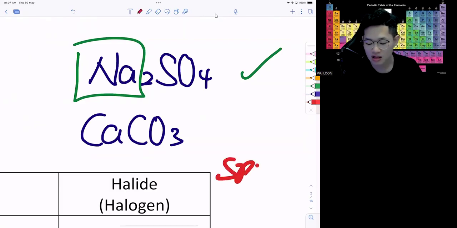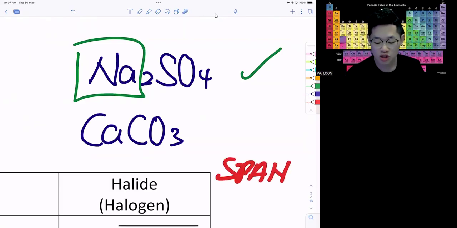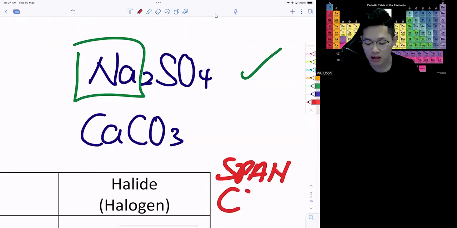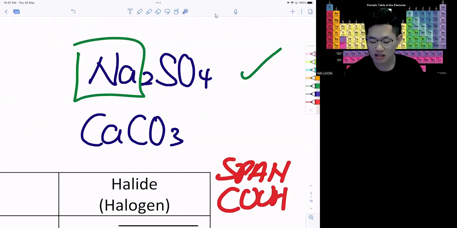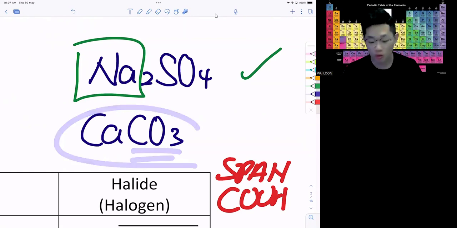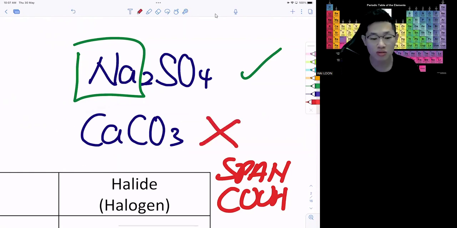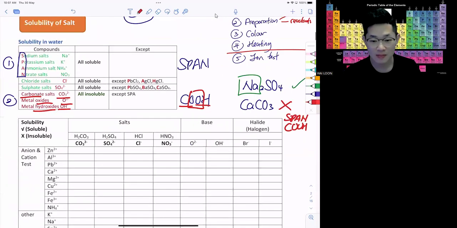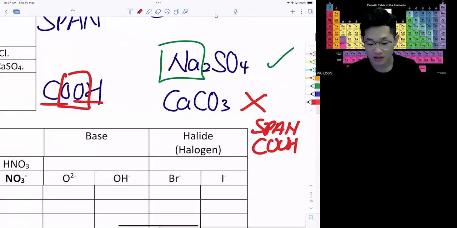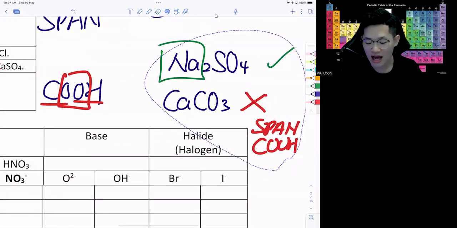Does it come with SPAN: sodium, potassium, ammonium, nitrate? No. Then I move on to the second group. Does the formula have COOH? Obviously it has CO. Then insoluble. Understand?